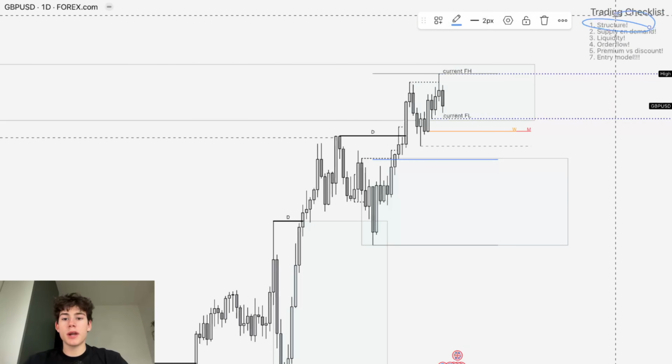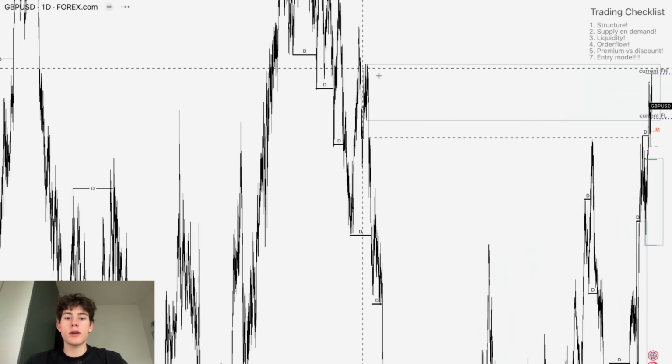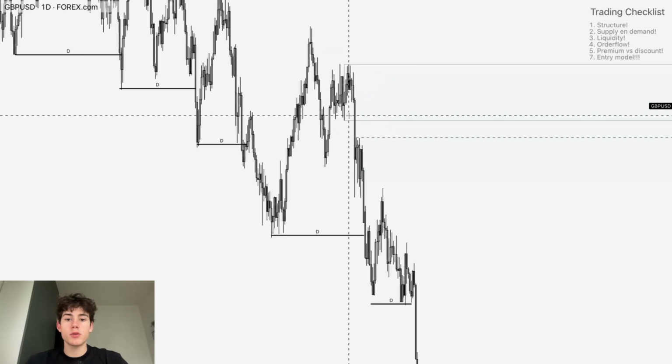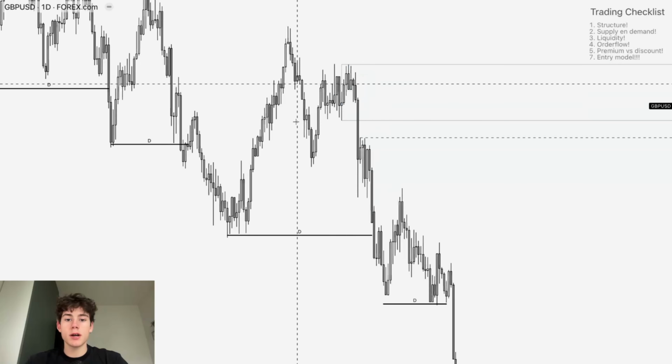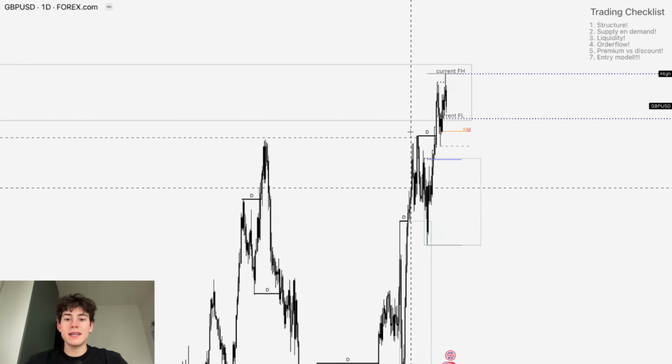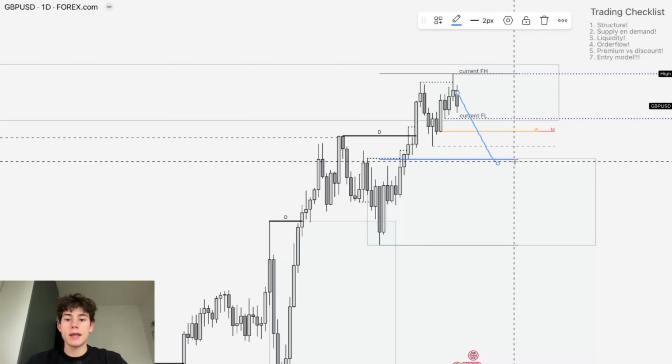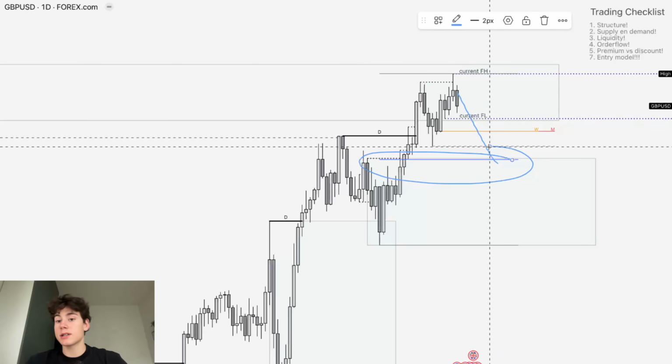Then looking at supply and demand, I know that we are inside this weekly supply, which is also this daily supply zone, which is this buy before the sell. So we are also currently inside this supply zone, which could mean that we could see a push down lower inside those premium or discount prices.